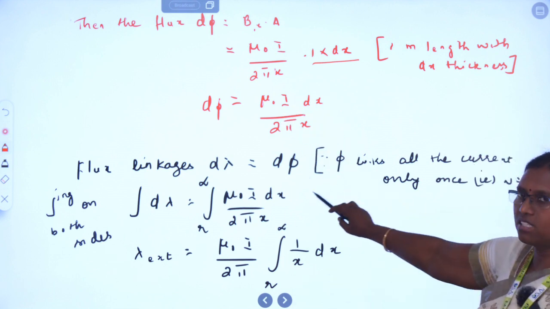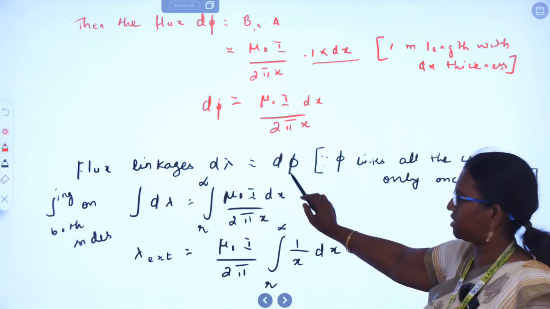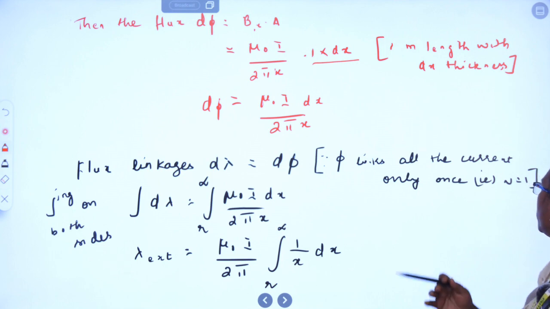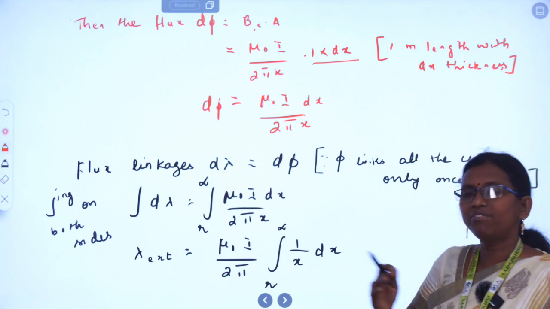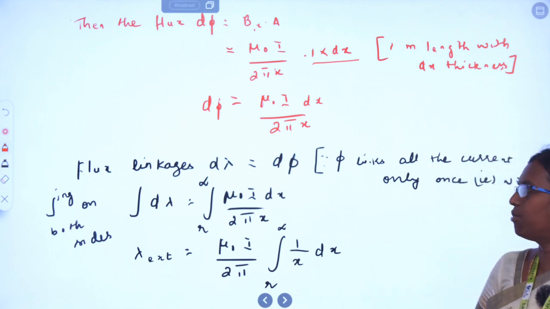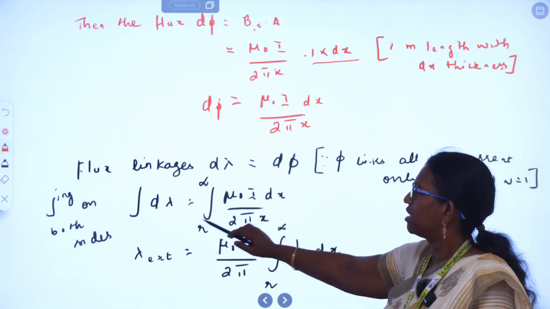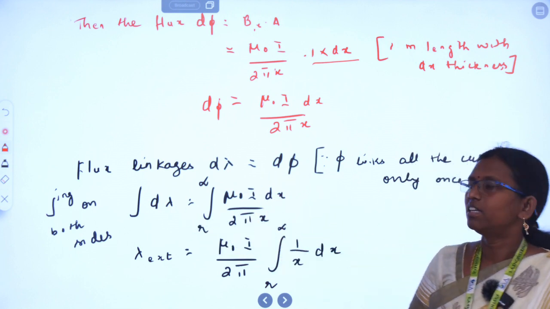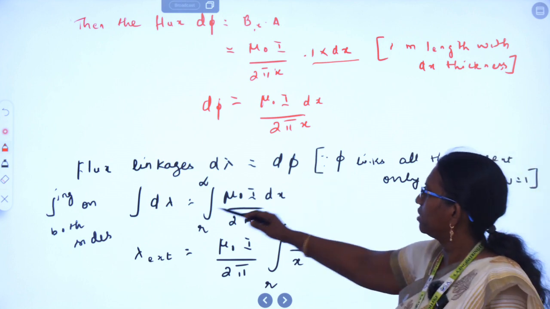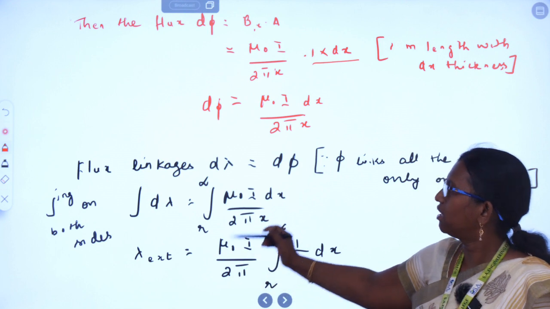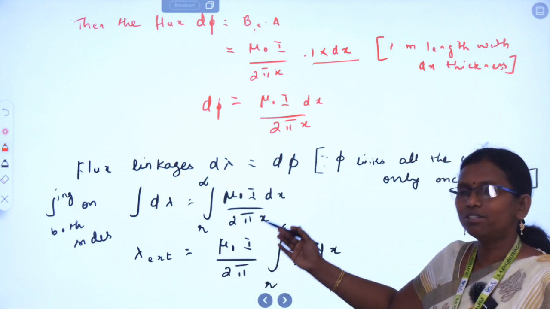Here the flux linkages are equal to the flux, because the flux φ links with all the conductor away from the surface of the conductor only once. So n is 1 here in this case. So now, integrating the obtained expression dλ, we are going to obtain the flux linkages external to the conductor.